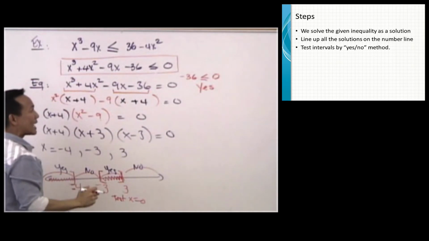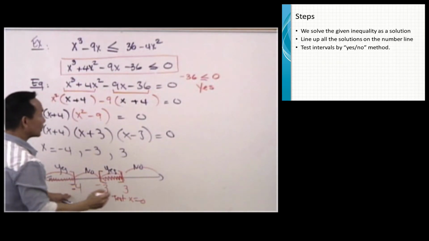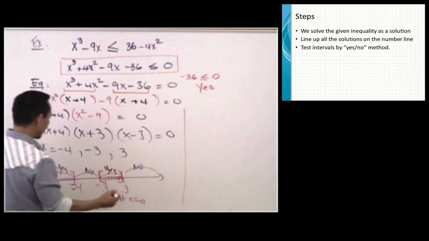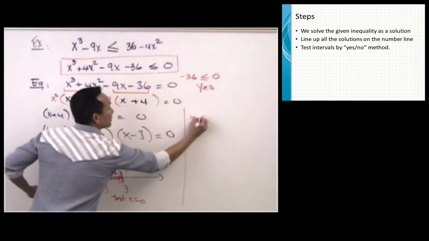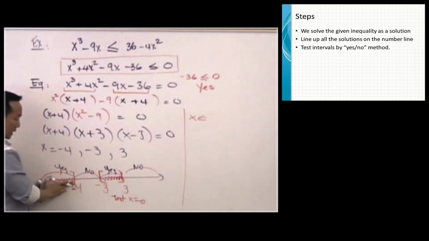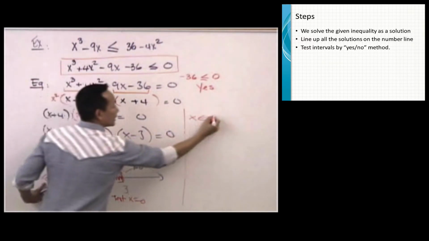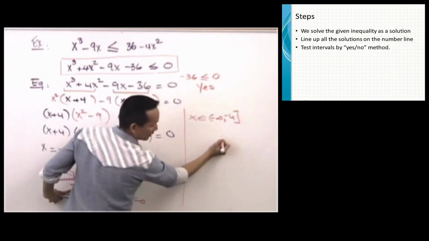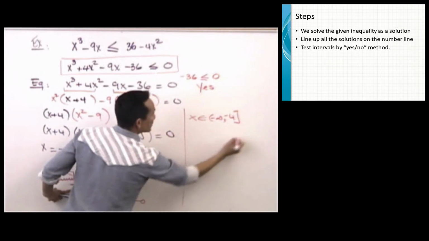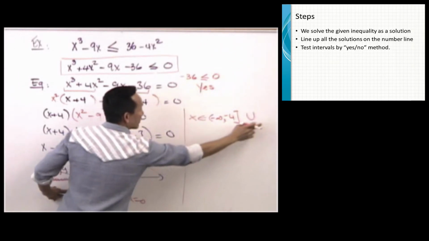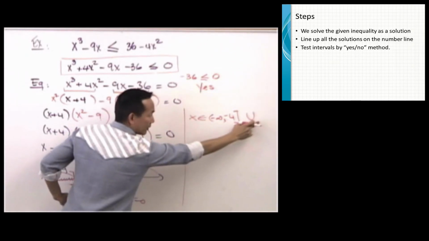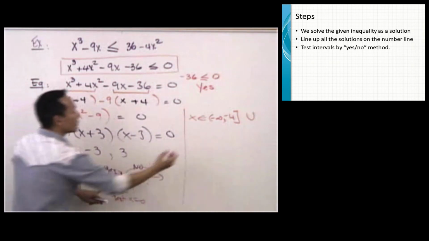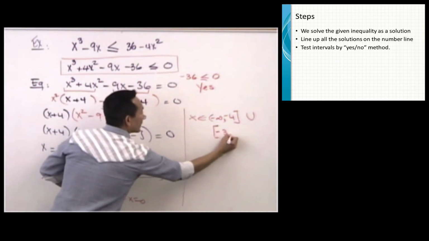Then you write the answer in interval notation. So I would write it over here. x belongs to, I take this interval from negative infinity up to negative 4, union. We may run out of space, so I continue to write my second interval down here: negative 3, 3.